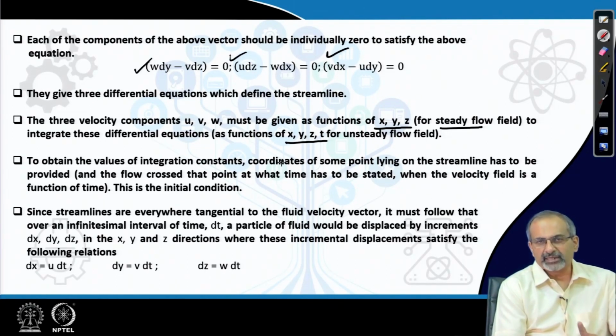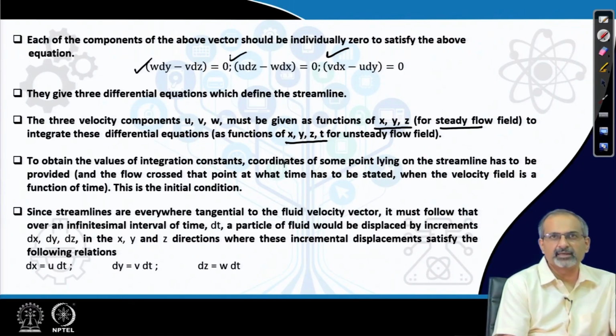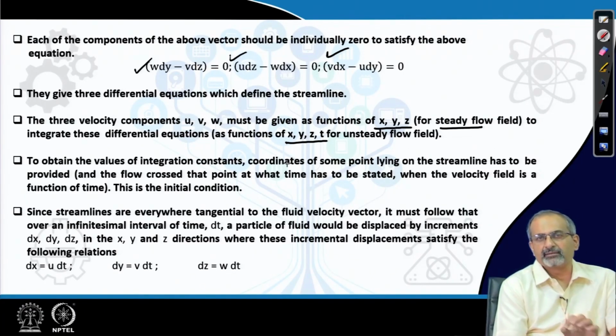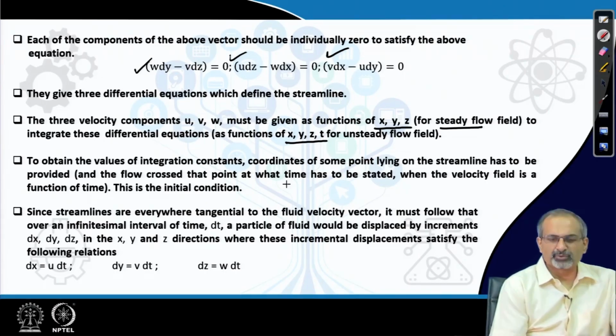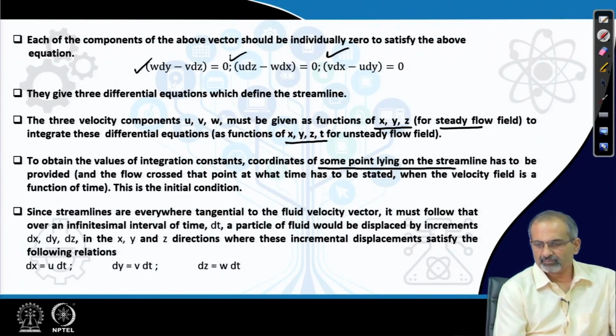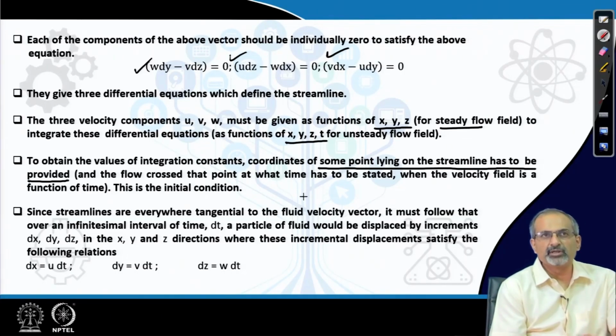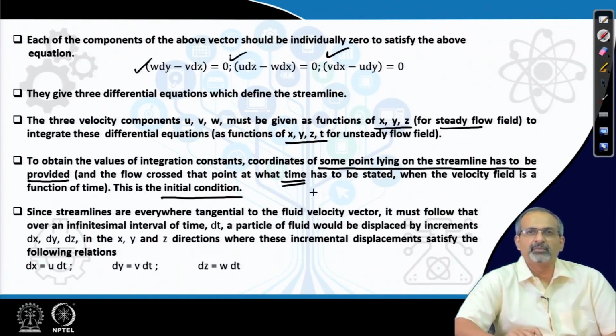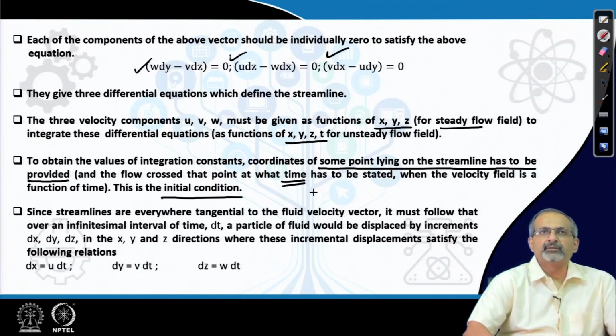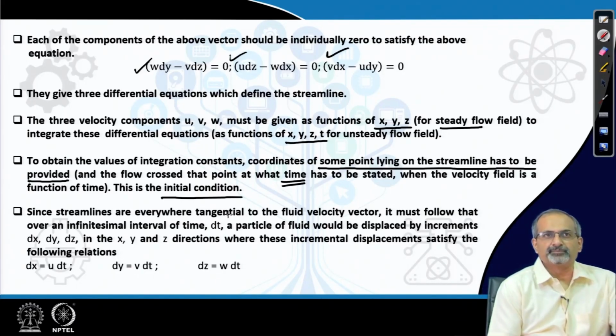Now, to obtain the values of the integration constants, when you perform the integration, the coordinates of some point lying on the streamline has to be provided. And one has to also ensure that the flow must have crossed that point at a specific time. So, that time has to be stated. So, this will form what is called as the initial condition, so that you can perform the exercise to obtain the equation of the streamline.